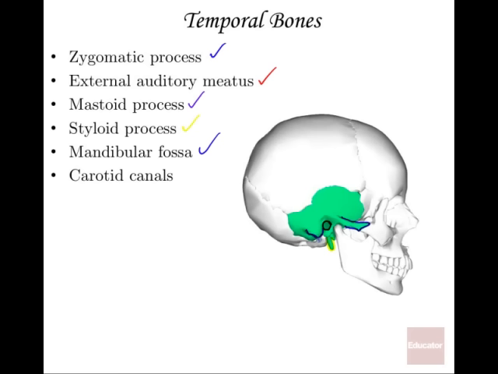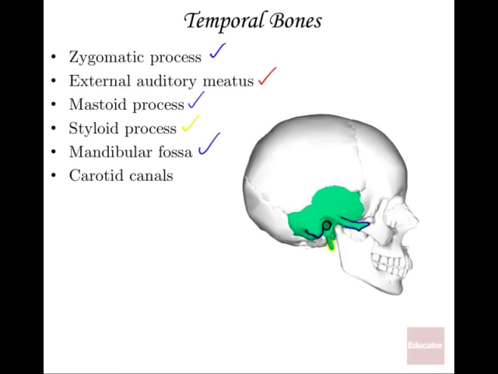But next to the mastoid processes, you have these mandibular fossae. Fossae would be plural if we added an E to the word fossa. And so you have these little condyles, these little bony projections of the jawbone fitting very nicely in there. And so those are the mandibular fossae on either side of the skull, because you do have two temporal bones.